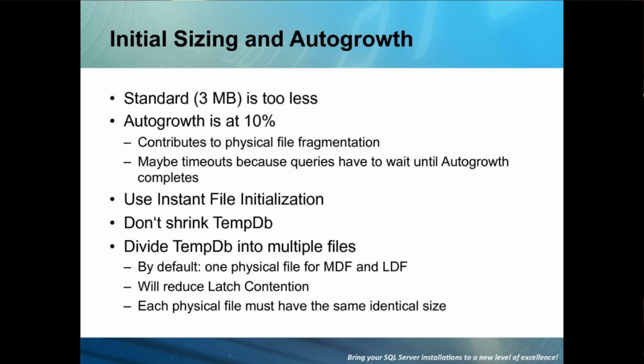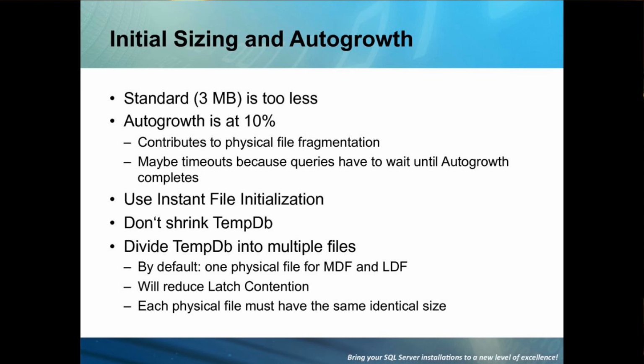So, summary. We've got, yeah. Can we go back one second? The last one. Multiple files, and each physical file must have the same size. I'm just worried about the situation where we have multiple files, exact size of these files. So autogrowth should be off in that case. No, you should avoid autogrowth. Autogrowth is bad.